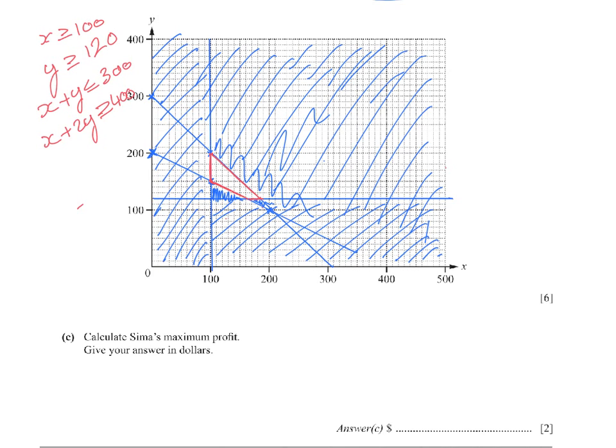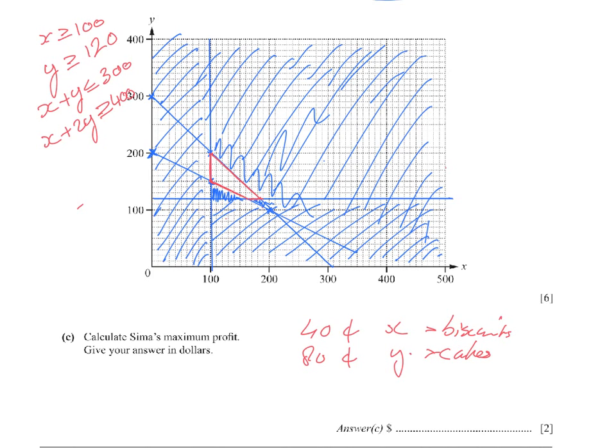Okay, so just to remind ourselves, on the previous page we said she's going to get 40 cents for an X, and she's going to get 80 cents for the Ys, which are the cakes. The Xs are the biscuits. Anyway, what is important for you to realize is that to get a maximum profit, you want to sell as many cakes, as many Ys as possible, because that gives you double the profit.